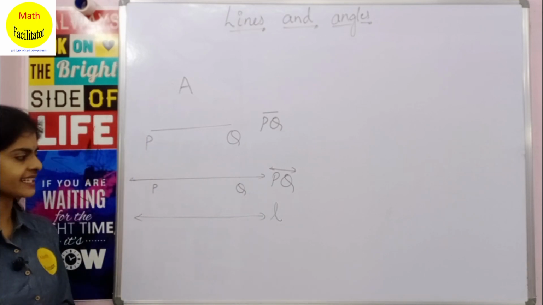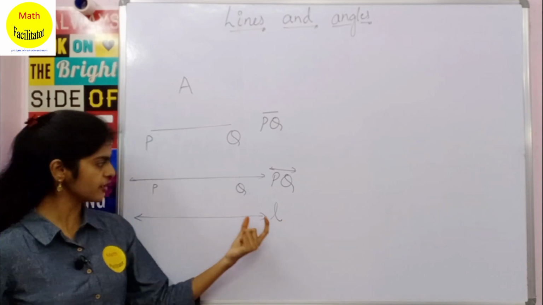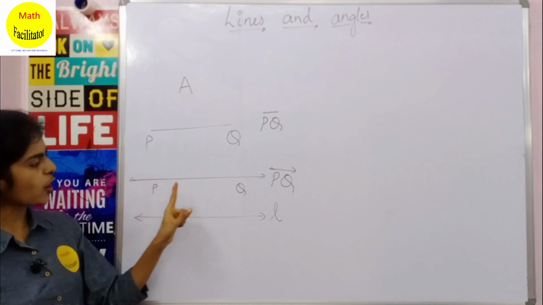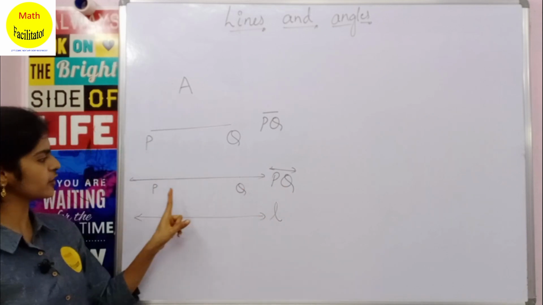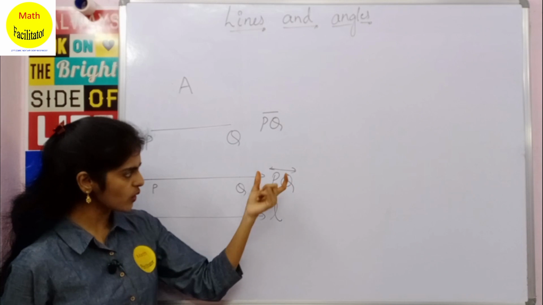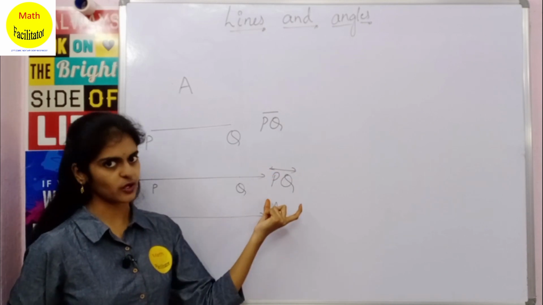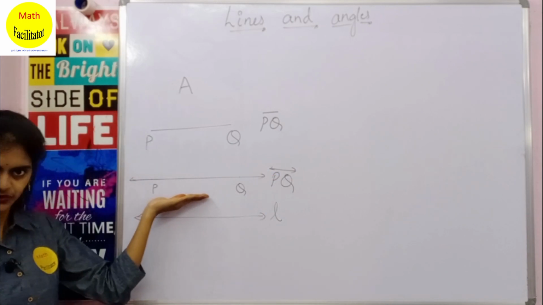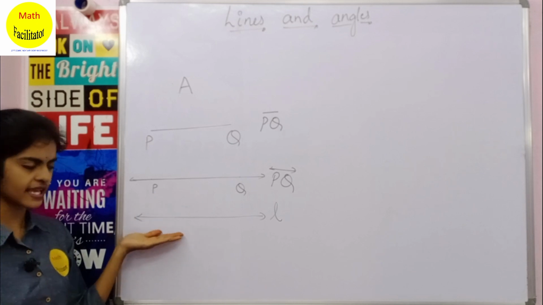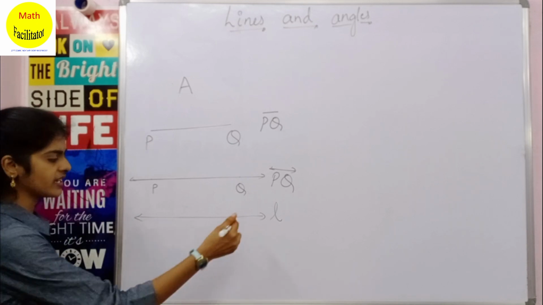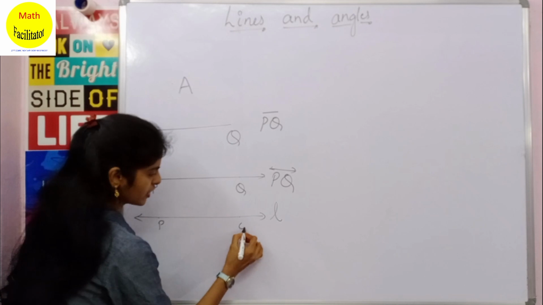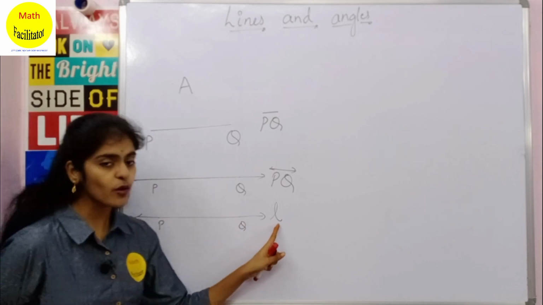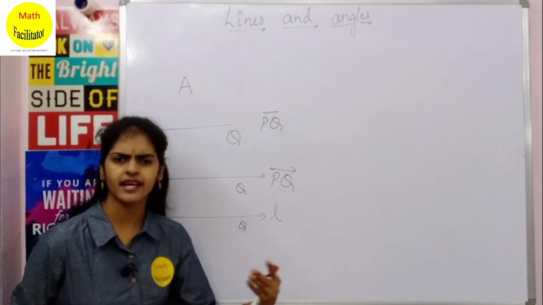You can represent a line using small letters, or using the points on the line.